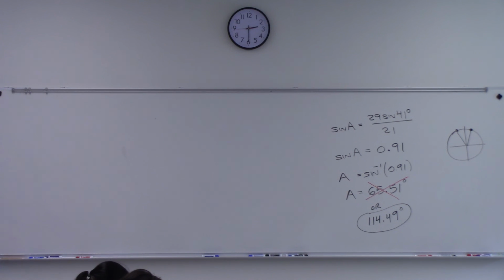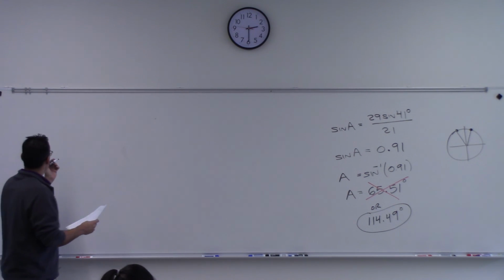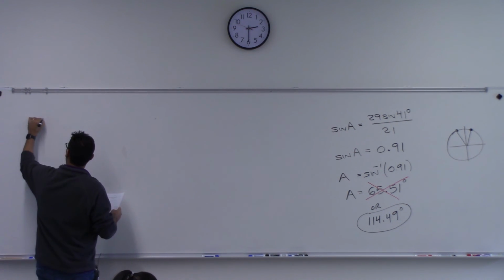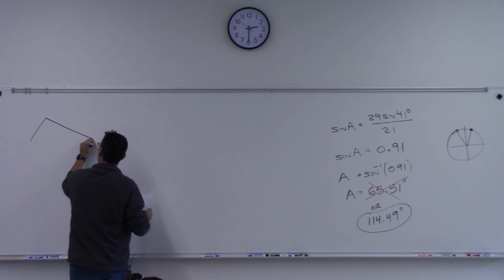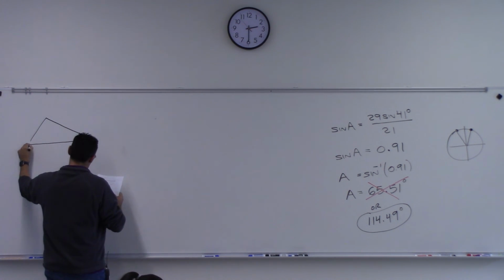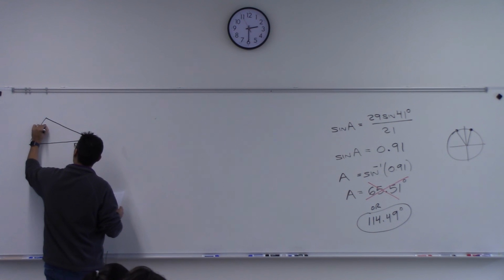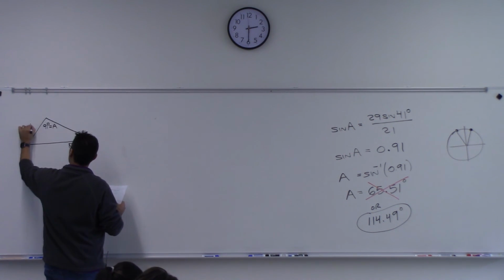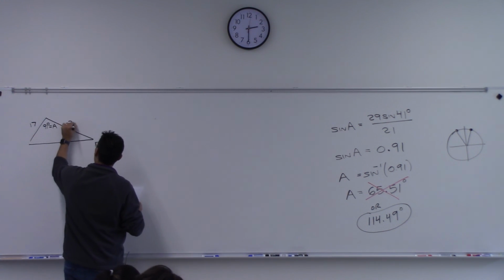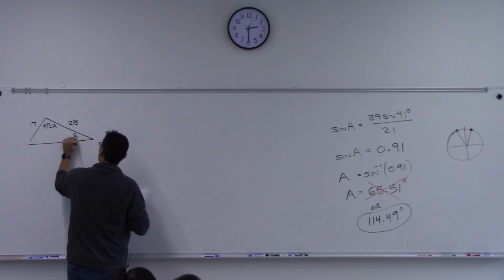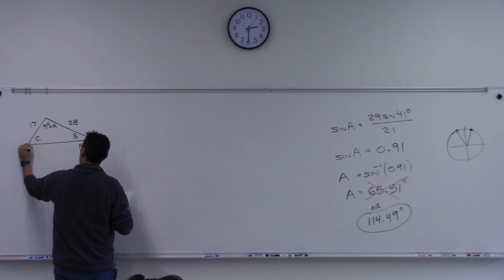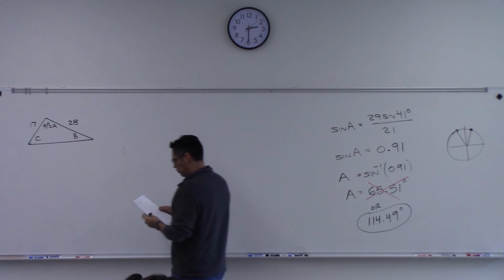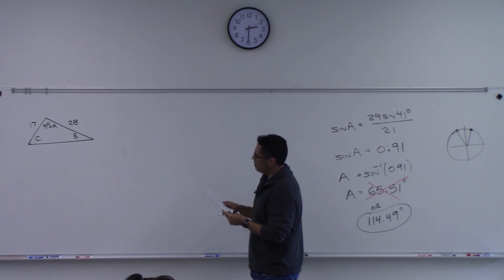Let's take a look. I just did number 1. Let's take a look at number 3. So they give us A is 91 degrees. They give us 17. They give us 28. We're calling this side B, or this angle B, this angle C. I think I'm doing number 3.